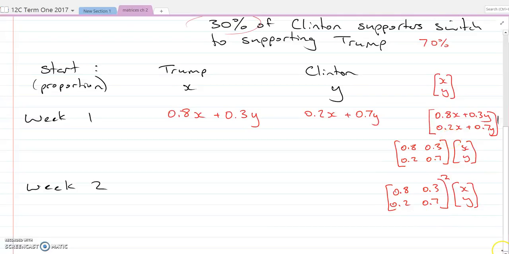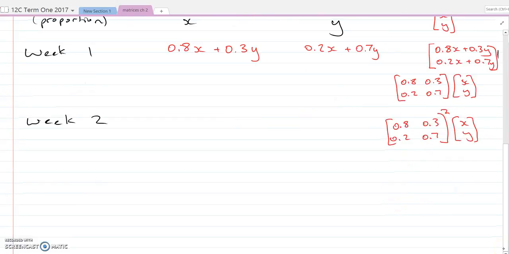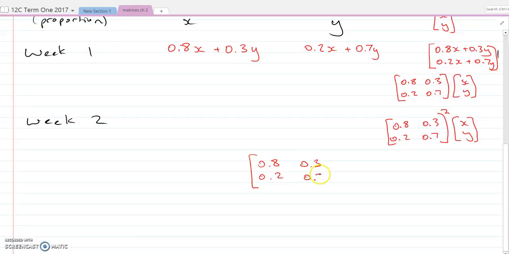Okay, so if we look at this matrix, the numbers in it are 0.8, 0.2, 0.3, 0.7. So this is Trump, Clinton, Trump, Clinton.